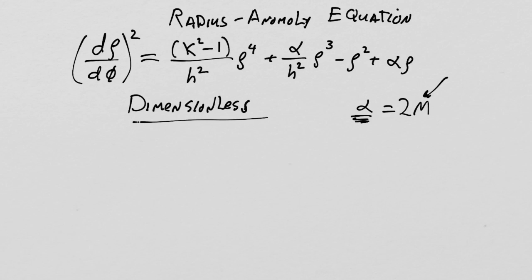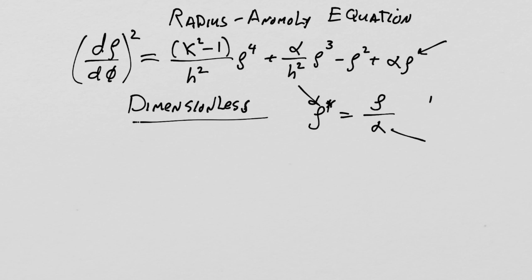But the point is when mass is measured in length, like we are doing, alpha is a length of the problem. So alpha is our only length. So the only way we can really make this dimensionless is to define a new variable, which I'll call rho star, which equals the current dependent variable rho divided by alpha. And I'm going to make that substitution everywhere. So everywhere I see a rho, I want to replace it with a rho star, which means everywhere I see a rho, I need to multiply by alpha and then replace the rho by a rho star, because rho is going to equal alpha rho star.